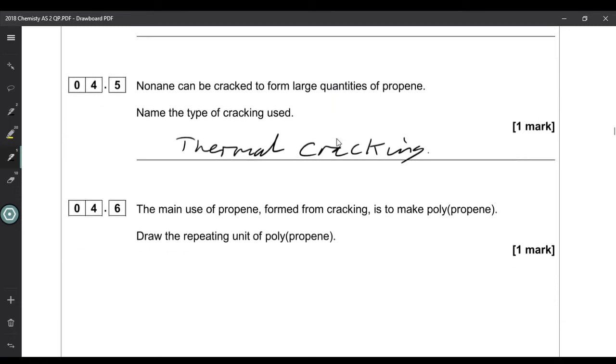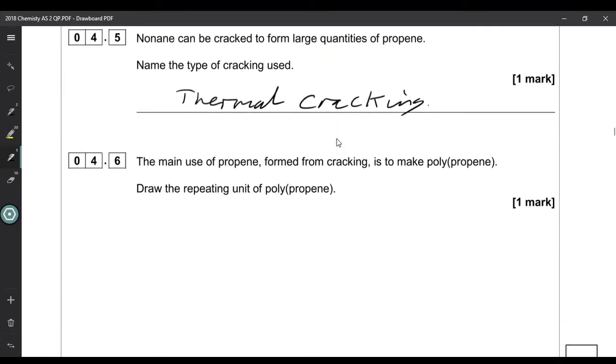Right, so lastly, we said the main use of propene formed from cracking is to make polypropene. Draw the repeating unit of polypropene. So again, as I said right at the beginning of the paper, a lot of students found it difficult to deduce what the repeating unit is of a polymer, and in fact only about 30% of students could do this.